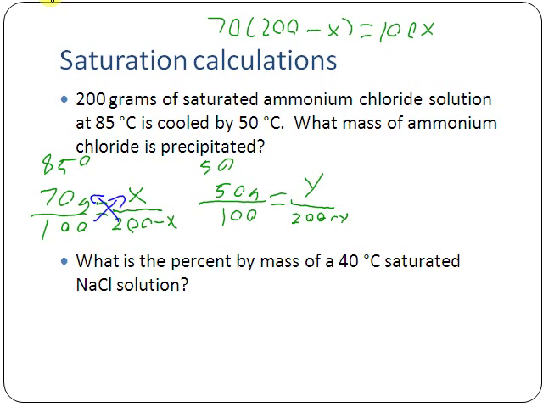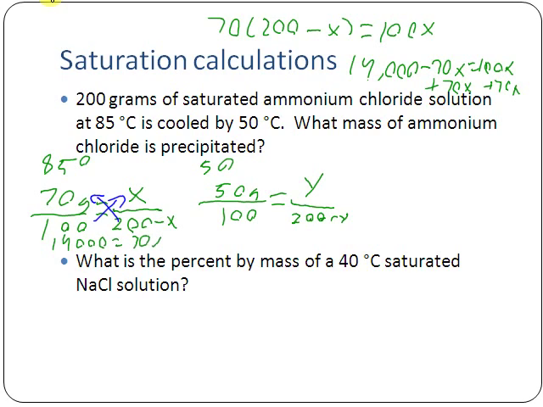Doing this, we have 70 times 200, which should be 14,000, I believe. Once again, if I'm doing my math right, 14,000 minus 70x equals 100x. And so we'll add 70x to both sides. In doing that, I end up with 14,000 equals 170x.